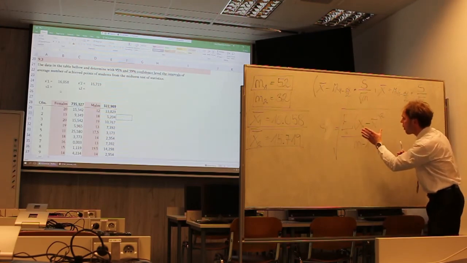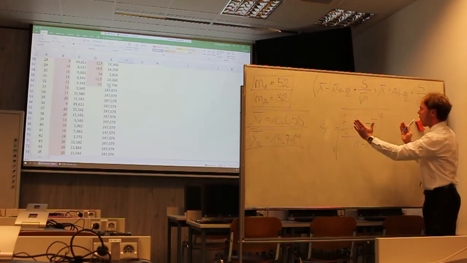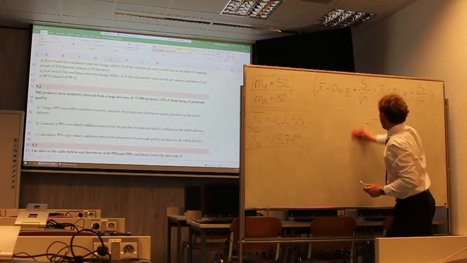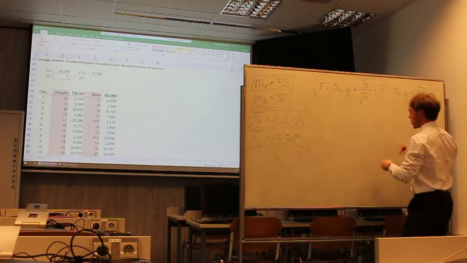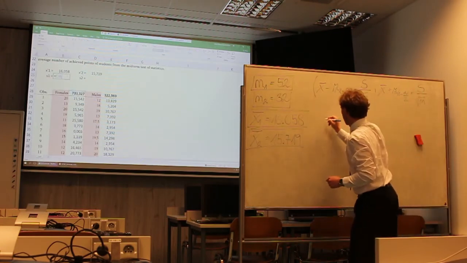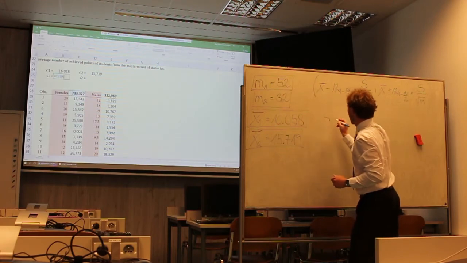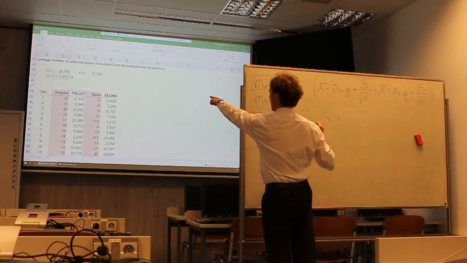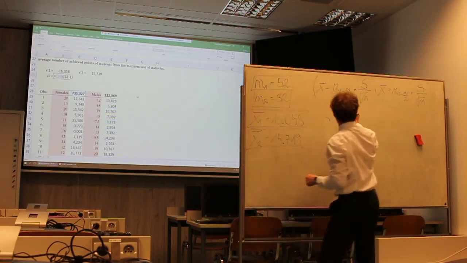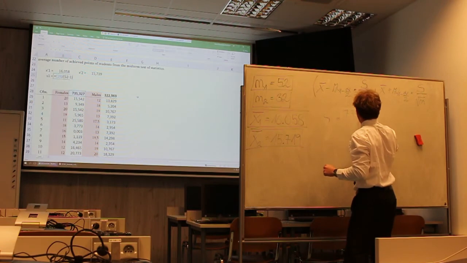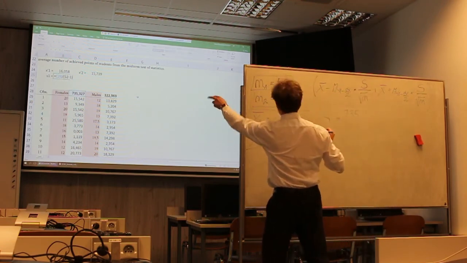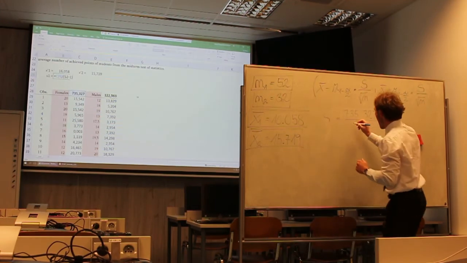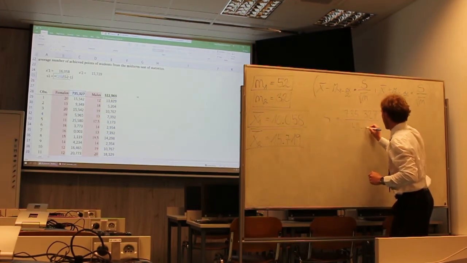The summations of squared differences for females and males will be divided by n minus 1. So S, the standard deviation, is equal to, I will write the denominator, 735.327 divided by 52 minus 1.